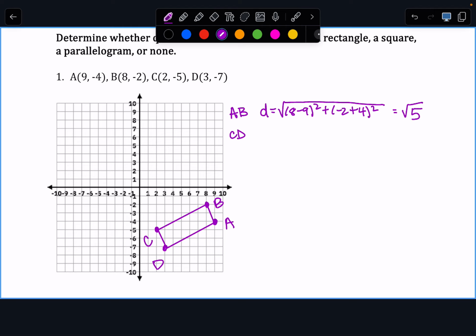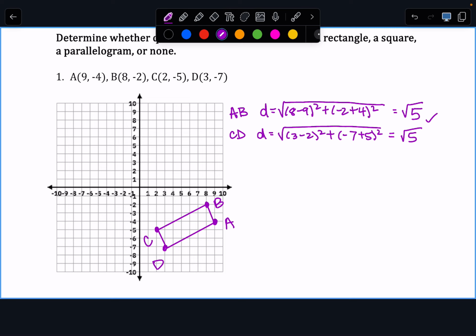Okay, so now let's make sure CD is the same. CD, we're going to take 3 minus 2 squared and -7 plus 5 squared. So it's -7 minus -5. I'm sorry. Is that square root of 5? Yes. Okay, good.